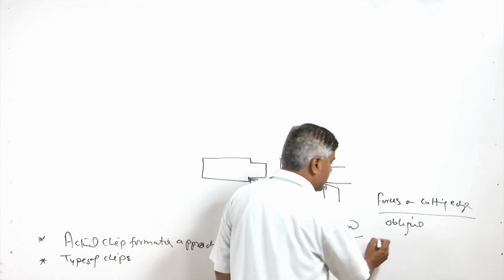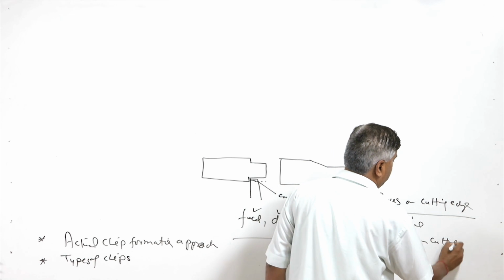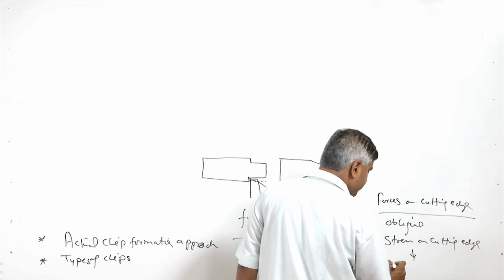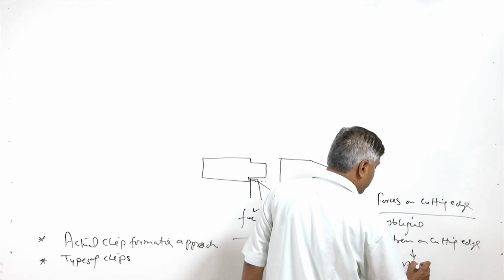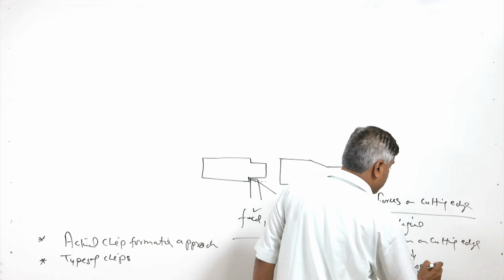So, the stress acting on the cutting edge in case of the oblique cutting is less than the orthogonal cutting.